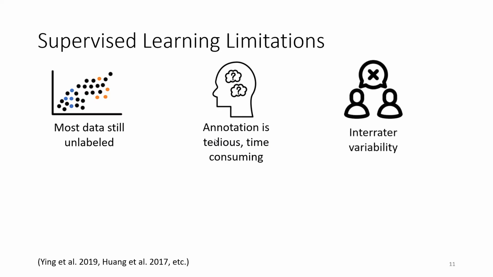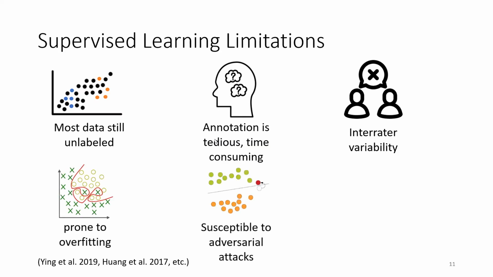This leads to inter-rater variability, and most of the labeled samples may not be correct. In addition, they're prone to overfitting, and are susceptible to minor changes that can change the outcome. So we note we have to avoid these limitations, and unsupervised learning may help.